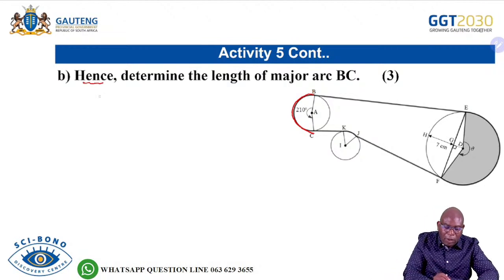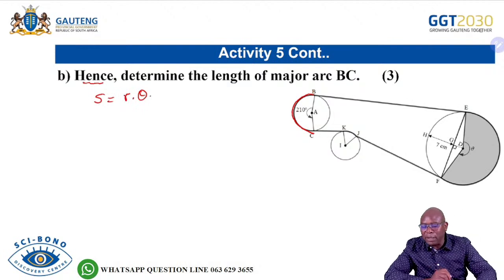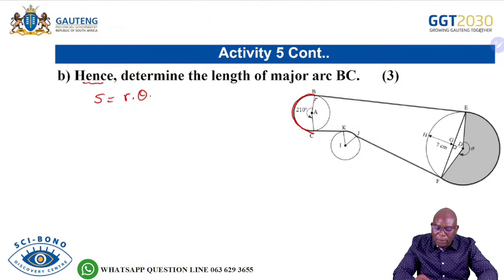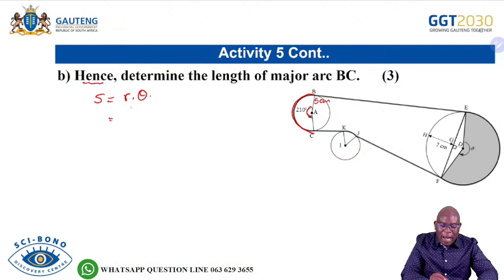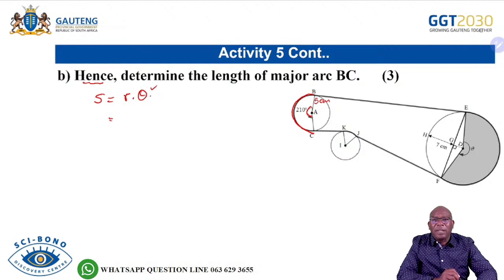Remember, I already have S equals R theta. I already have my theta. I already have my radius there, it's 5 centimeters. So the central angle is 210. So how am I going to get it? I already have theta in radians in the previous one that I've done. Hence they say, use the previous answer that you got.